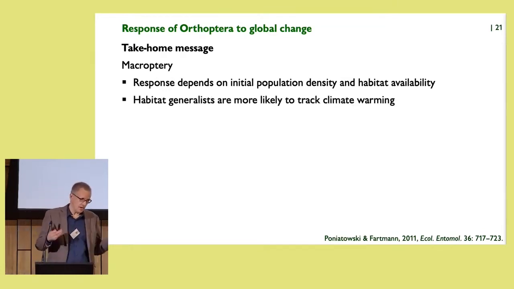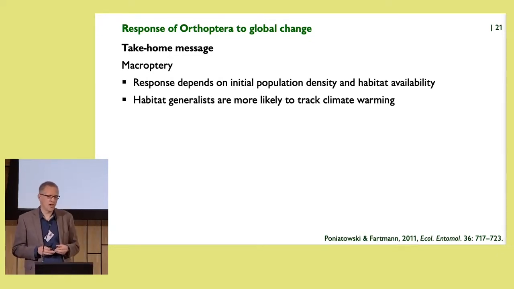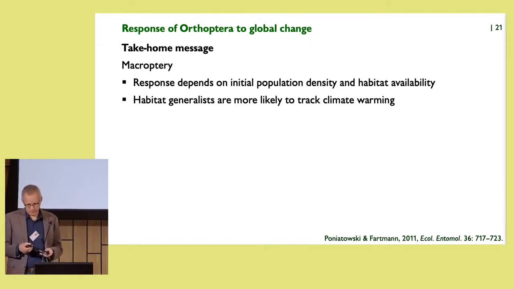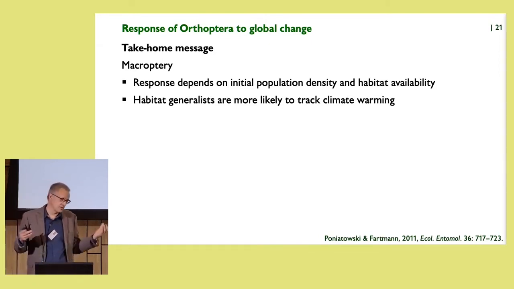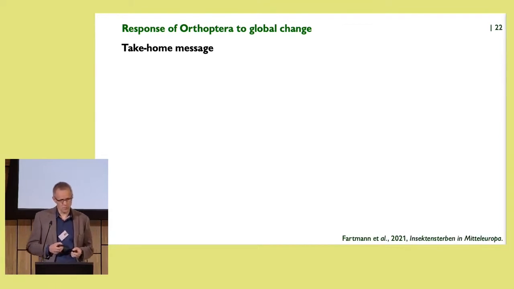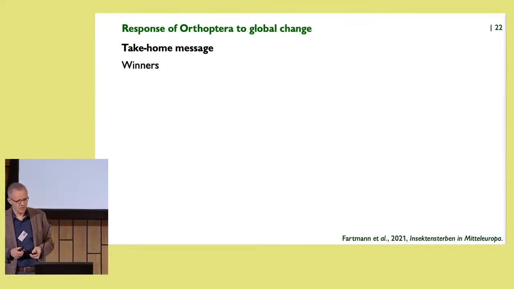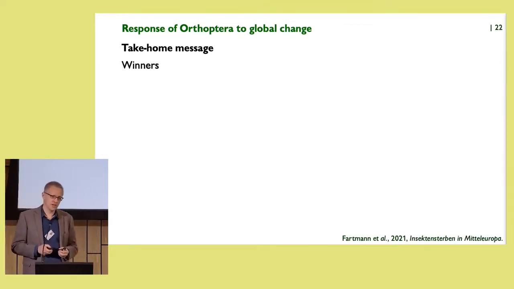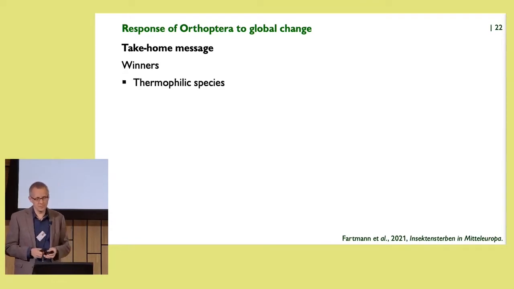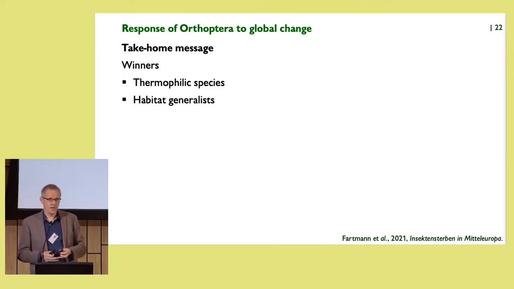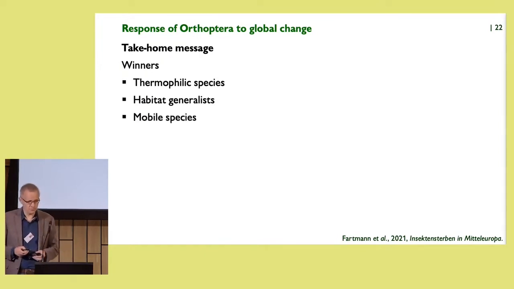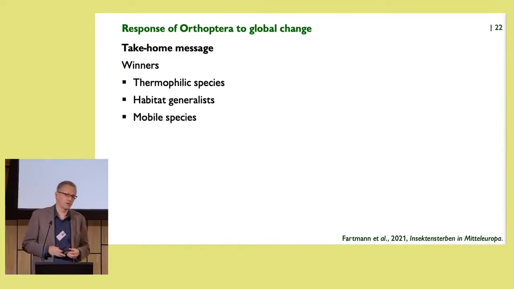And habitat generalists are more likely to track climate warming than habitat specialists, and this is also again due to the habitat availability for the species. The winners of global change are thermophilic species, habitat generalists, and mobile species.